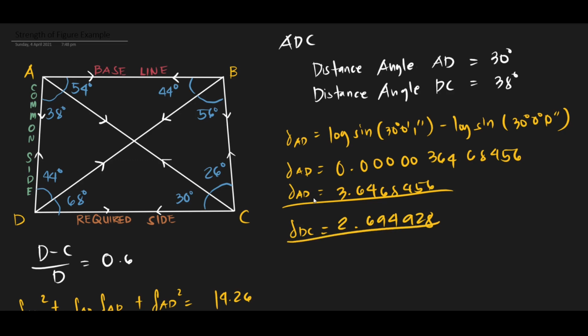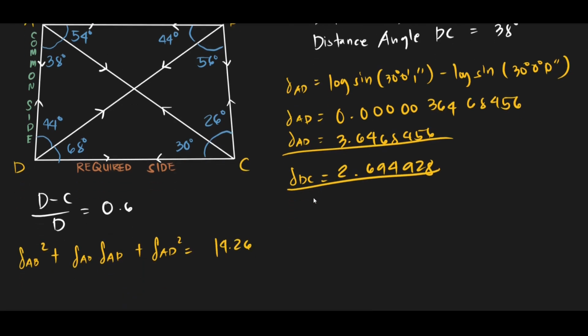Okay, so that is our delta DC. Now, if we calculate this again, we calculate delta AD squared plus delta AD multiplied by delta DC plus delta DC squared. We will then get 30.39. Okay, so let's set this aside again.